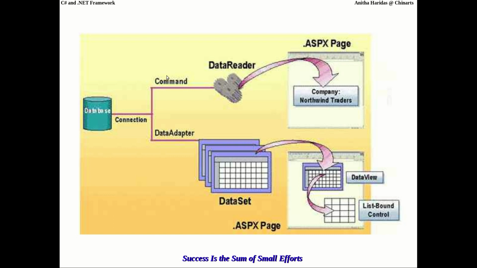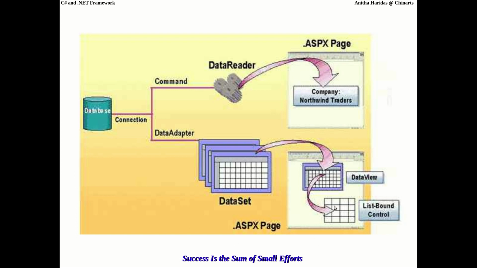So using the connection, the SQL command or whatever data command you are going to have will retrieve the data from the database, and it will be stored in the data reader, which will be taken by a .NET application. Whereas the data adapter uses a connection object and retrieves the data, and it will populate the data in a data set which will be taken by a .NET application.